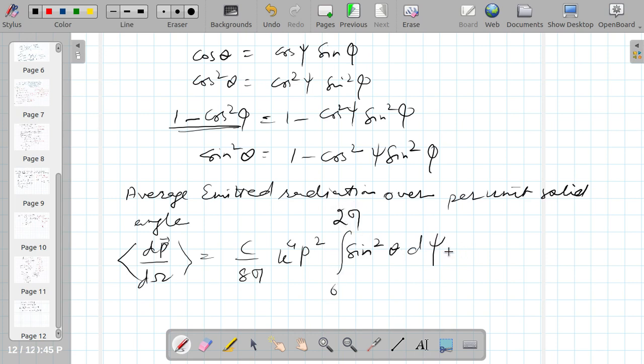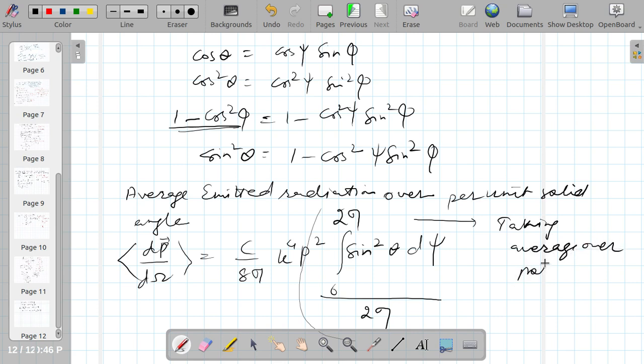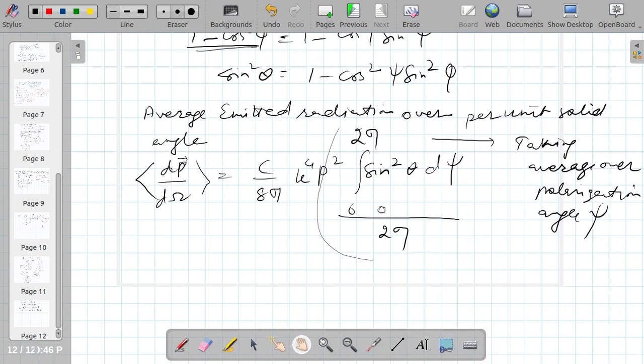Here we are taking the average over, that means taking the average of sine square theta over polarization angle psi, right? So this is how we take the average, because the rest of the terms are constant.